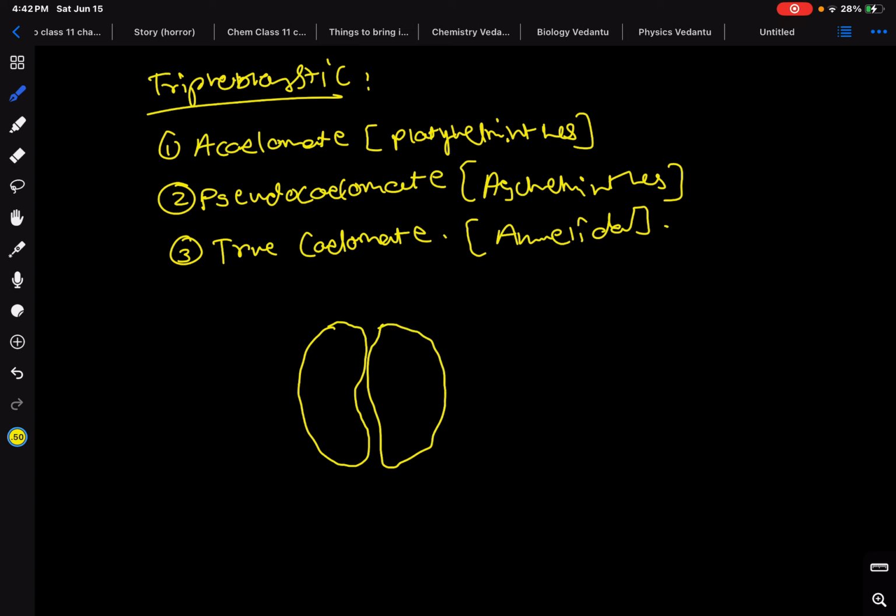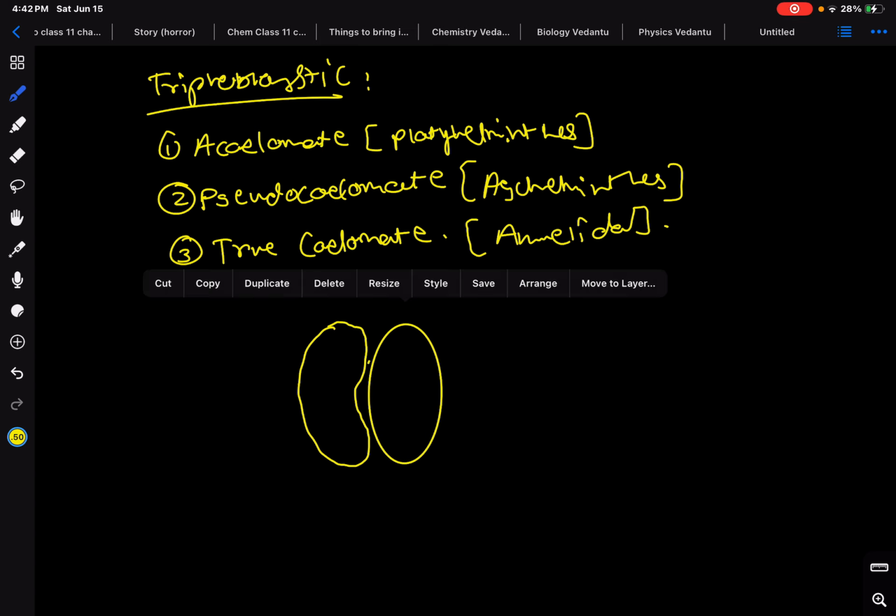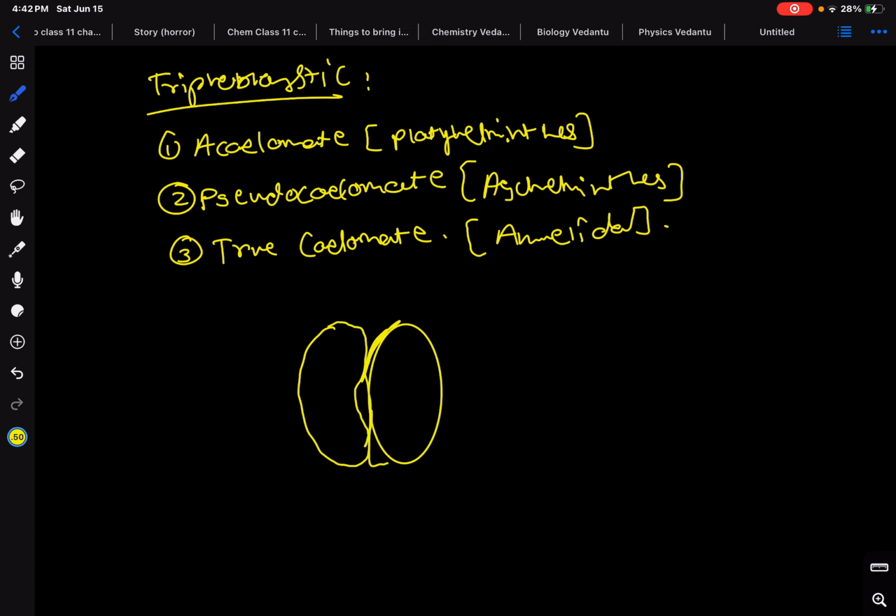And we can see that there is a line that comes in the middle over here. So that states that they are true coelomates because their body cavity is lined by the mesoderm.